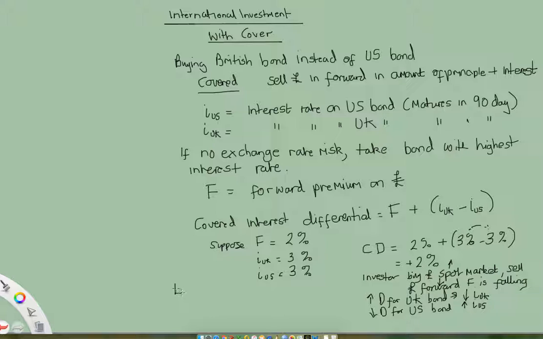So in equilibrium, the covered differential will be bid away to zero, and we will say that we have covered interest parity, and that means that there's no advantage to be in the pound denominated assets versus the dollar denominated assets for these covered transactions.